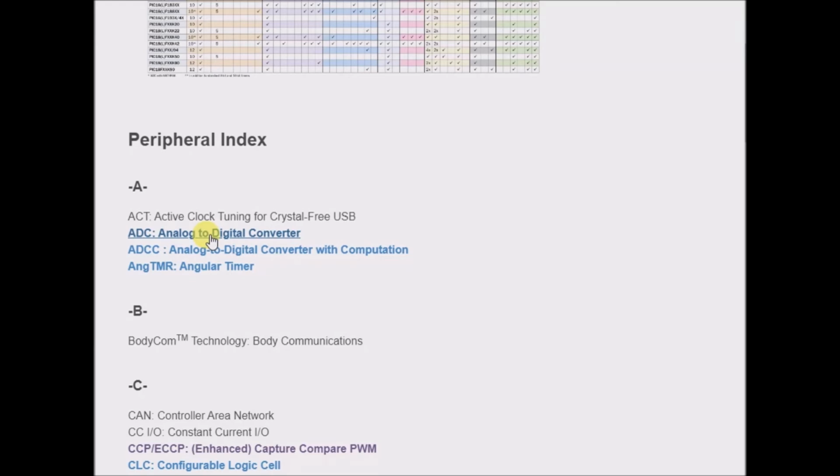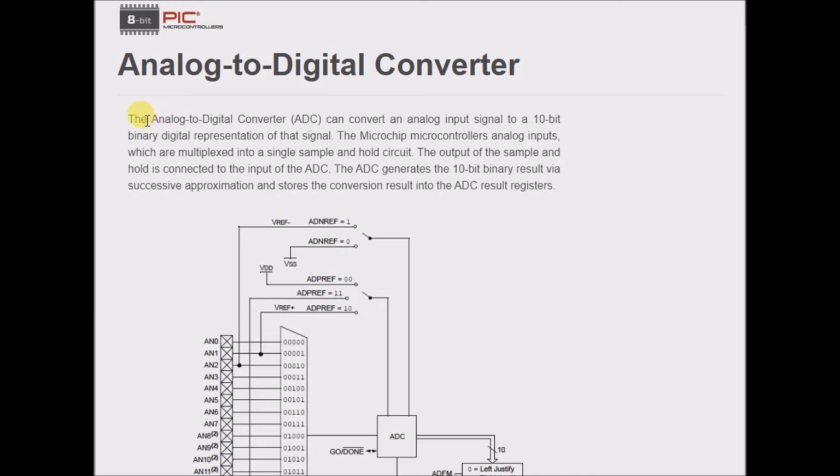ADC, analog to digital converter. The analog to digital converter, ADC, can convert an analog input signal to a 10-bit binary digital representation of that signal. The Microchip microcontroller's analog inputs are multiplexed into a single sample and hold circuit.